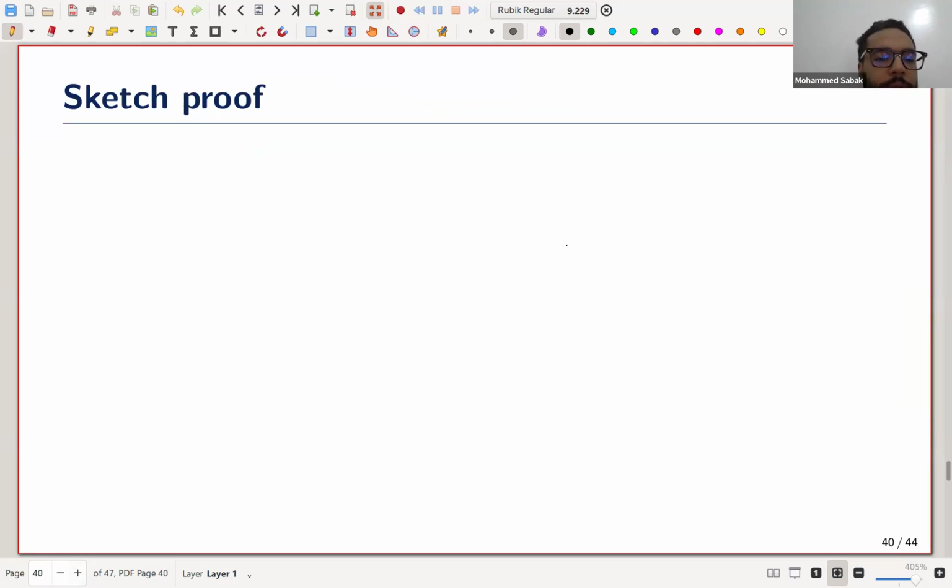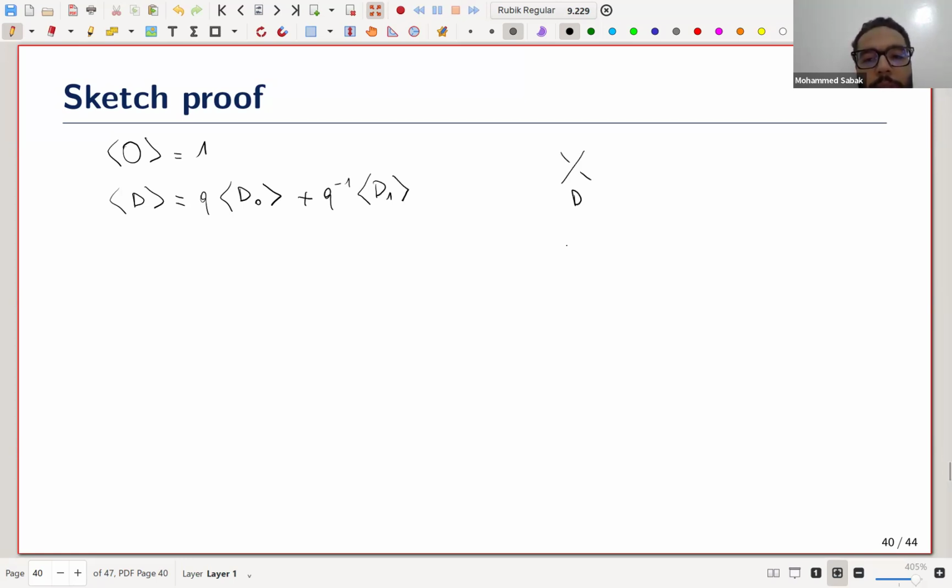The bracket polynomial of the circle is 1, and the bracket polynomial of D is q times the bracket polynomial of D0 plus q minus 1 times the bracket polynomial of D1, where D is like this, D0 is this one, and D1 is this one.